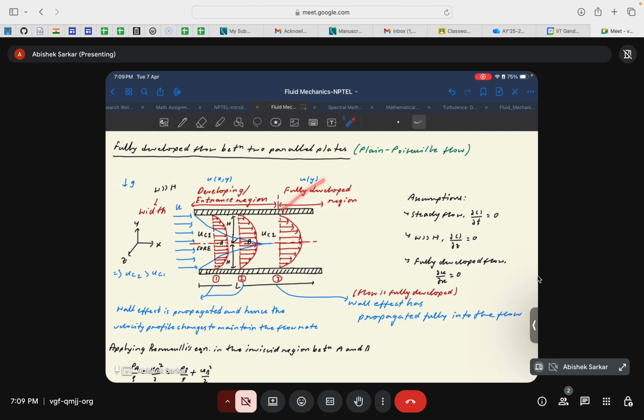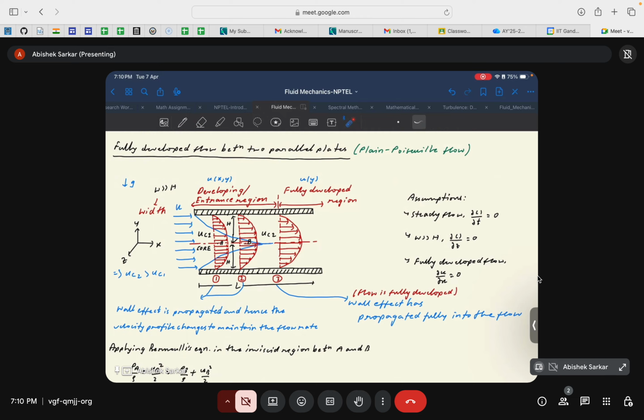After the initial developing region in the flow, it essentially attains a uniform velocity profile that is consistent along the z direction, and there is essentially no change in that direction. Along the x direction also it attains a constant form.